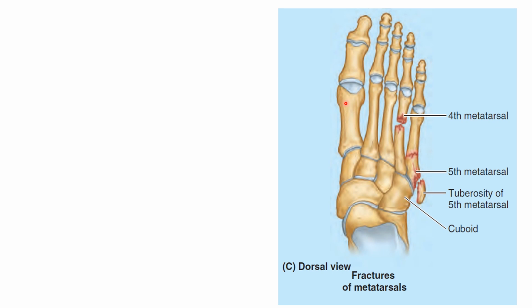This is the first metatarsal bone, second one, third, fourth, and fifth metatarsal bone. This is a fracture here in the shaft of the fourth metatarsal bone. Also, this fracture in the shaft of the fifth metatarsal bone. This is a Jones fracture in the tuberosity of the fifth metatarsal bone.